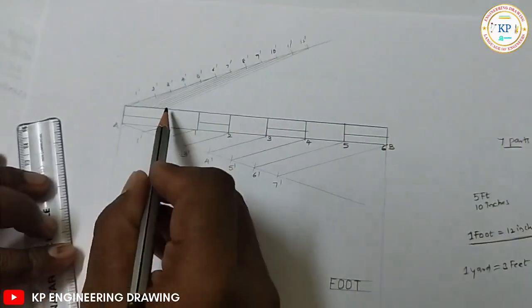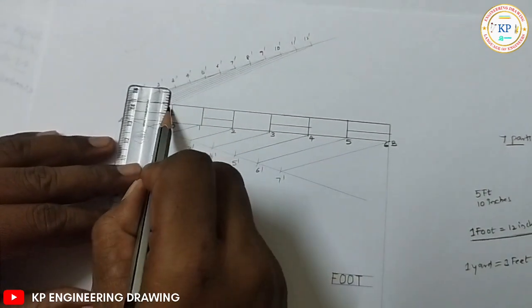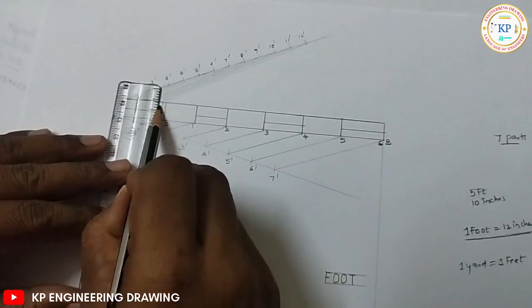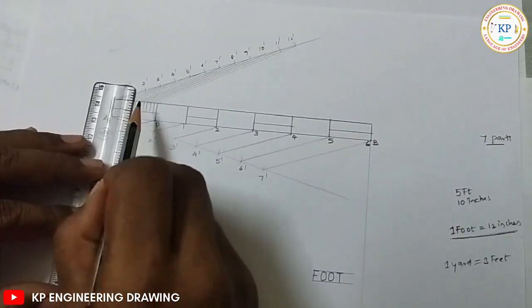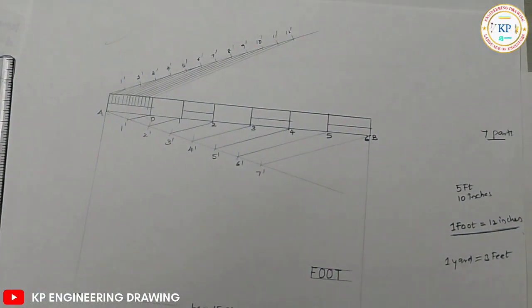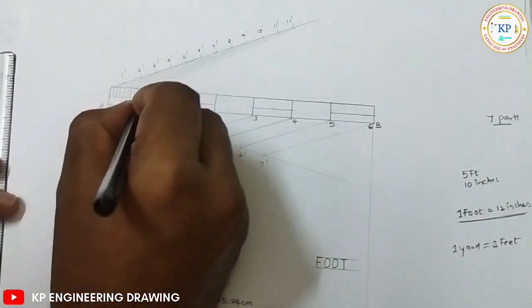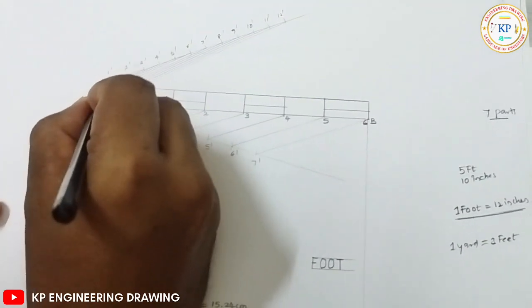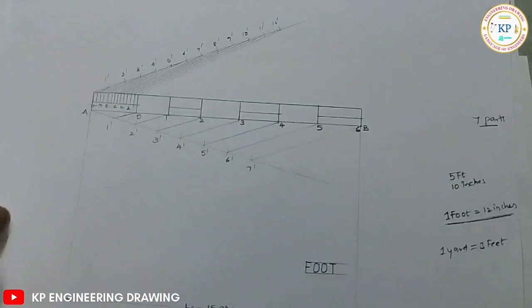Now you project all these points vertically onto the line. Okay, so now write 2, 4, 6, 8, 10 and 12.